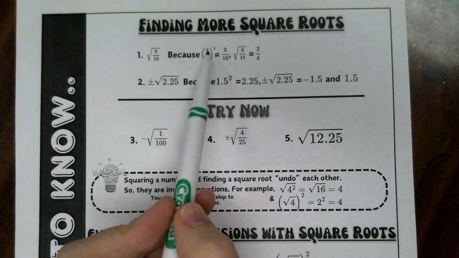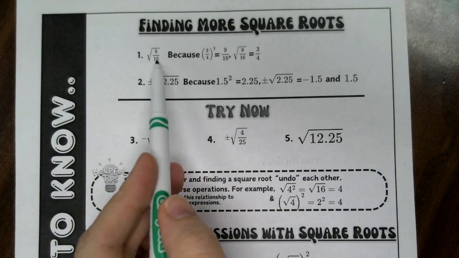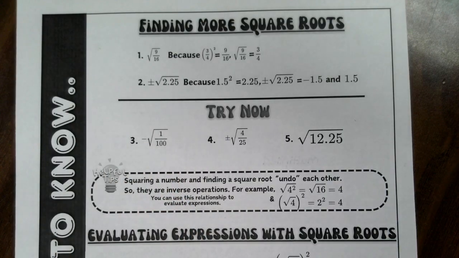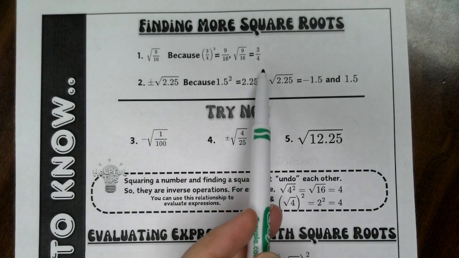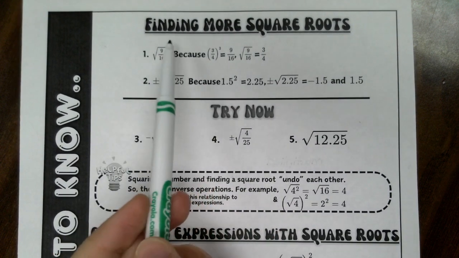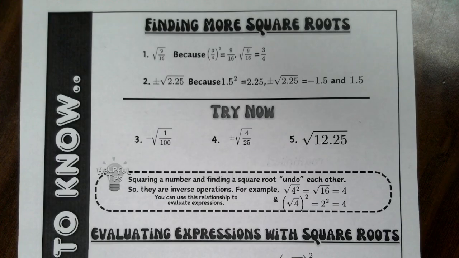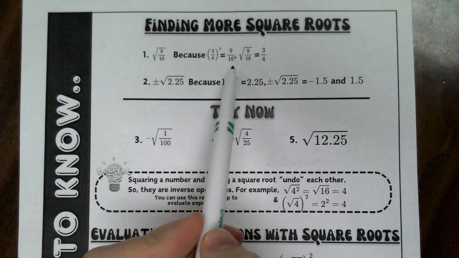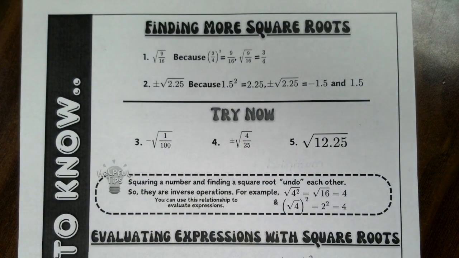I can say 3, right? 3 squared is 9. And I know that 4 squared is 16. So the square root of 9/16 would actually be 3/4, because I found the square root of each of those numbers and simplified it down. So because 3/4 squared equals 9/16, then the square root of 9/16 equals 3/4.